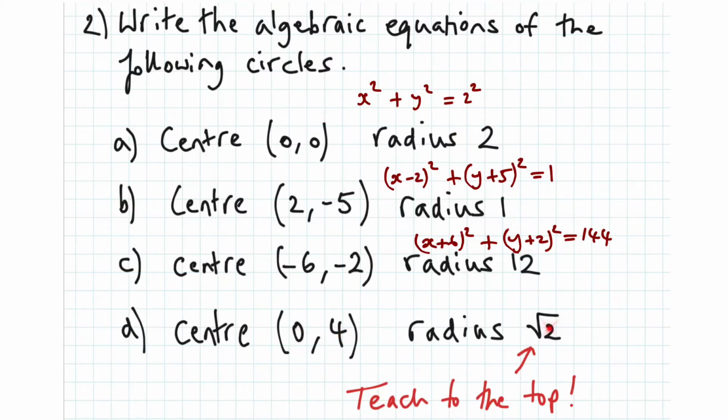And remember, I'm going to square this, so I'll have root 2 squared, which is 2. So let's actually see what that looks like. X squared plus, and then this is the y coordinate bit, y minus 4 squared, because it's positive here, you have a negative in your bracket, and then the radius squared on this side is actually going to be just 2. Root 2 squared is 2. That is it for that question. On to the next one.